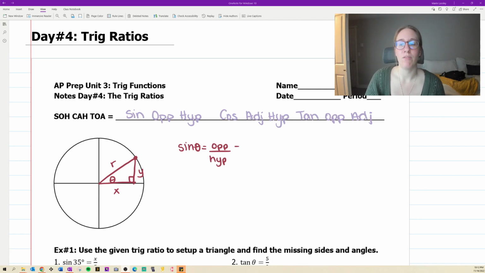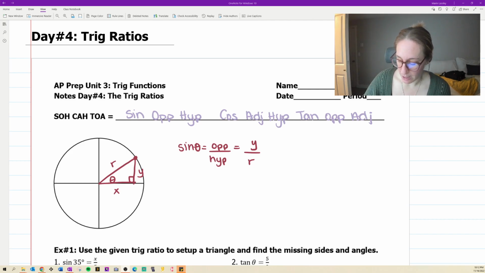Opposite theta is going to be y, and our hypotenuse is our radius. So sine theta of our coordinate plane reference triangle is going to be our y value divided by our hypotenuse, or our radius value.